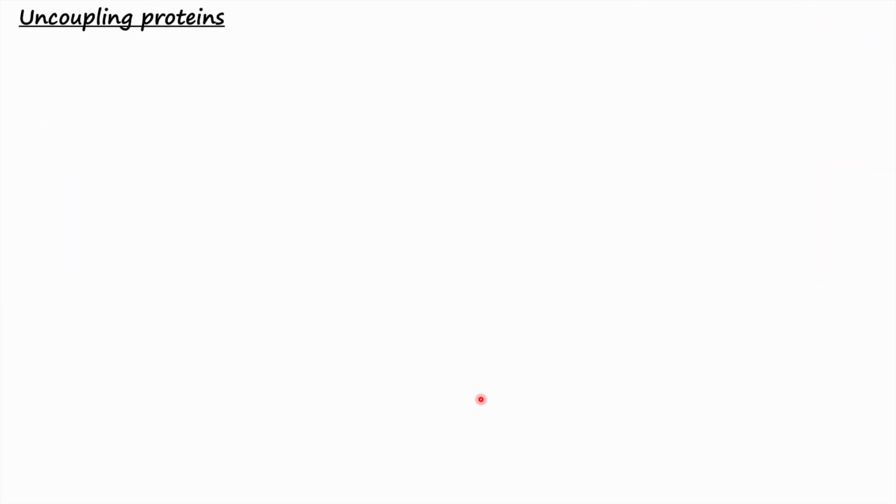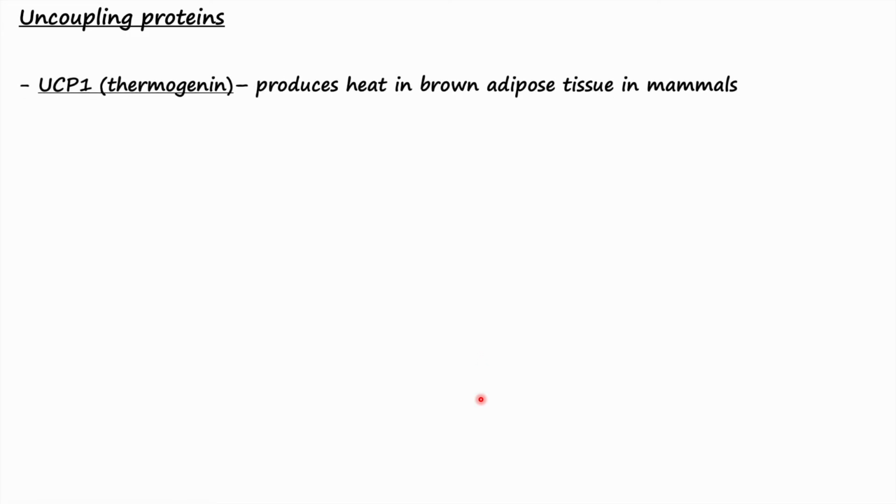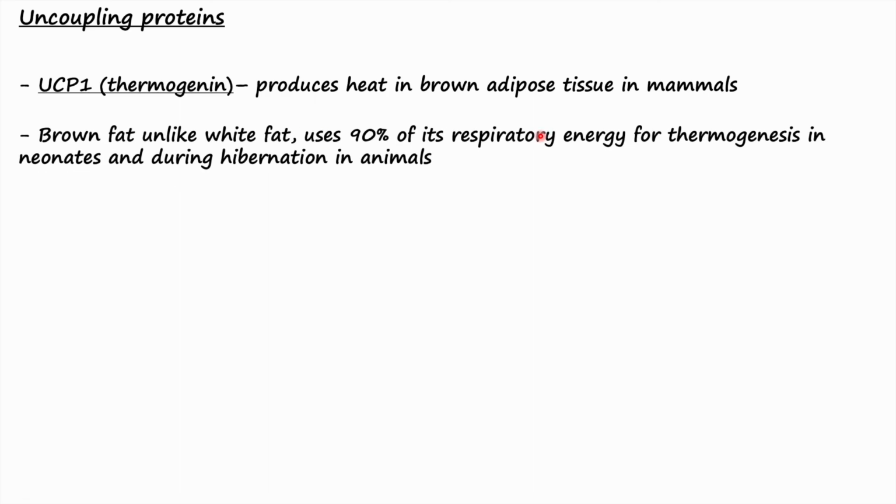Now I also quickly want to talk about uncoupling proteins, most importantly UCP1, which is also called thermogenin. It produces heat in brown adipose tissue in mammals, and brown fat, unlike white fat, uses 90% of its respiratory energy for thermogenesis, most importantly in neonates and in hibernating animals.